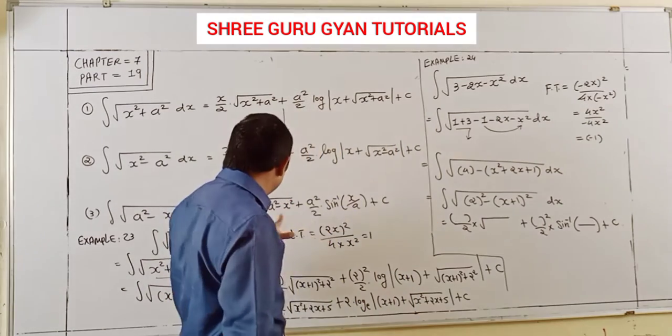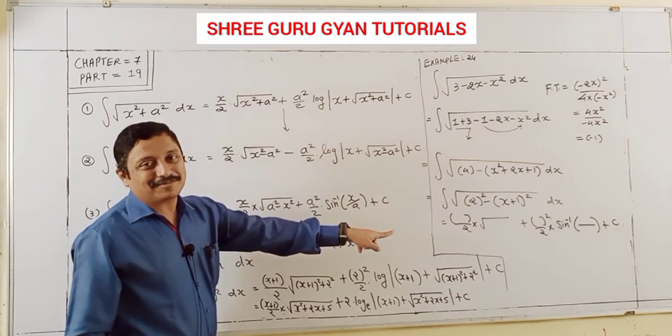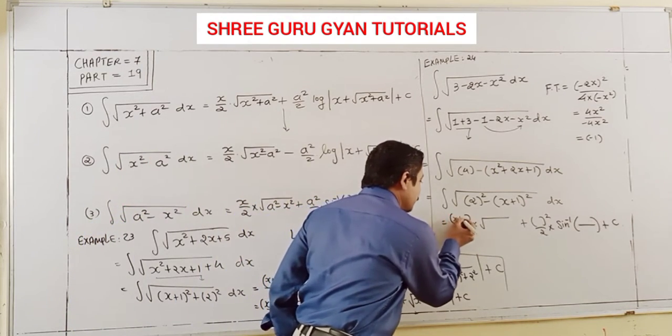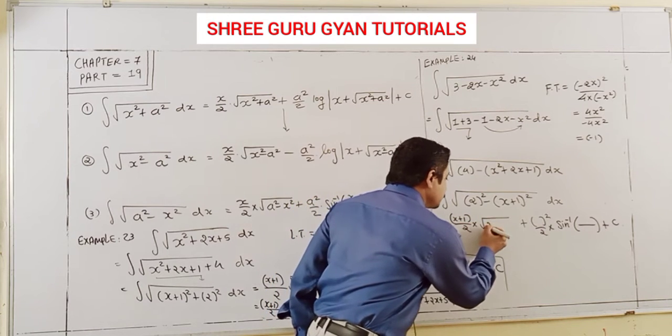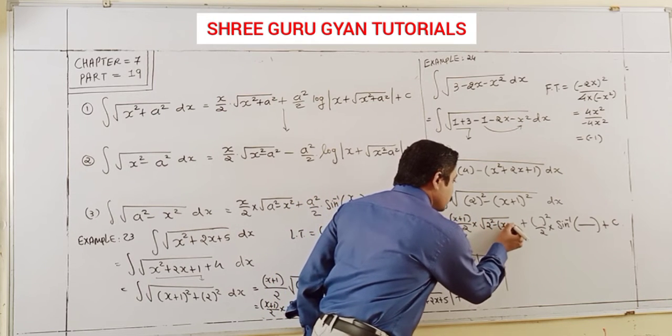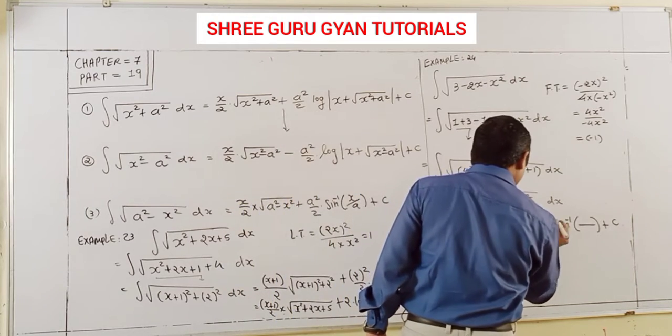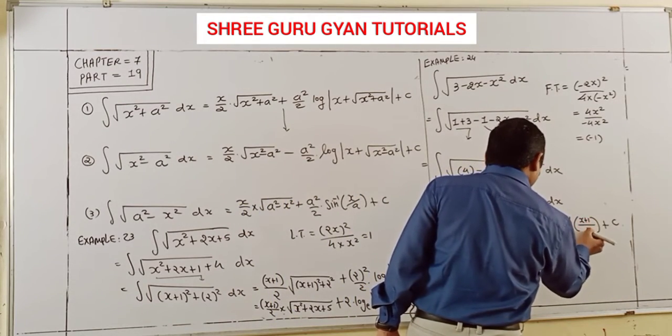Exactly write the formula in the empty bracket and put in the values. What is your x? x plus 1. And here, students, 2 square minus x plus 1 square. a I have 2, and that will be x plus 1 by 2.